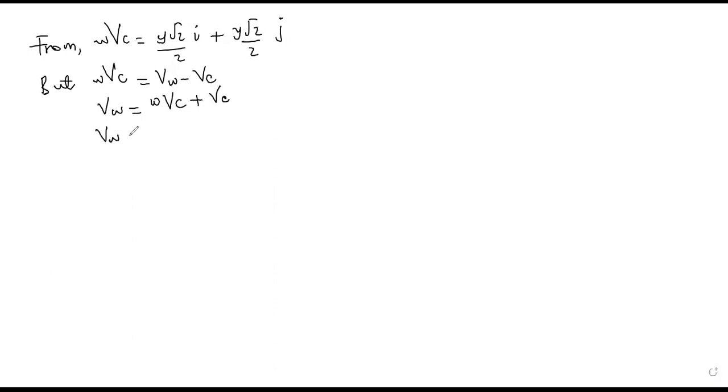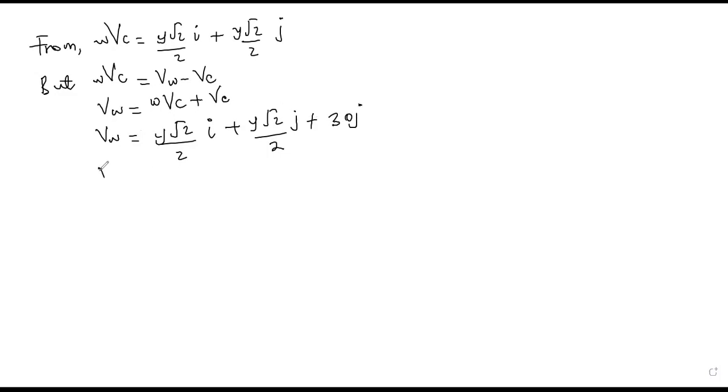So my velocity of wind is going to be equal to y √2/2 i plus y √2/2 j, then plus velocity of the cyclist, which was 30j.